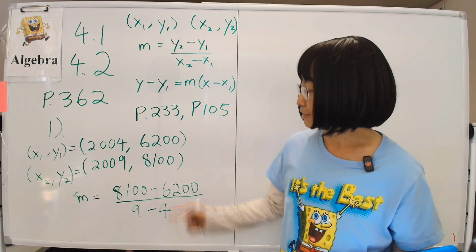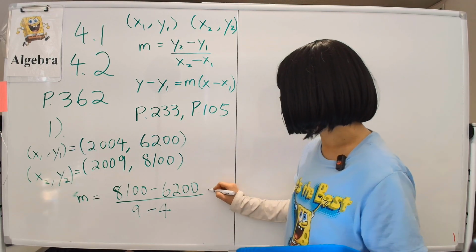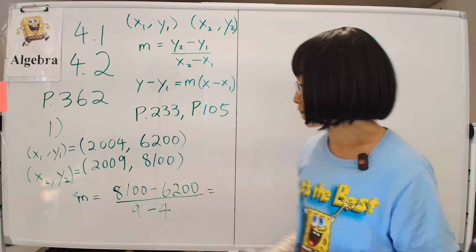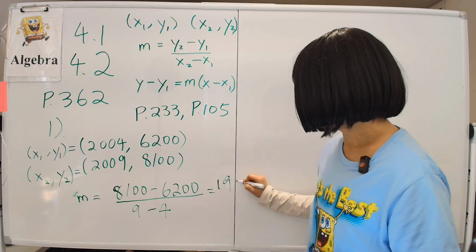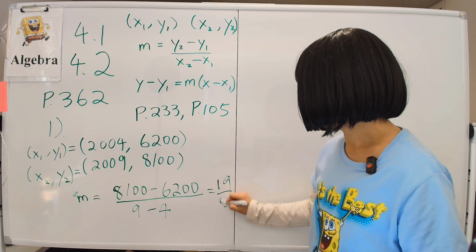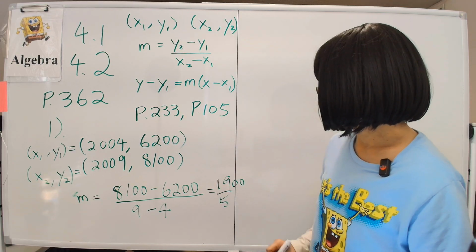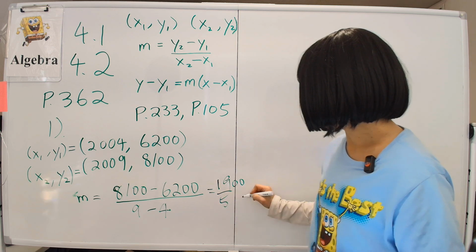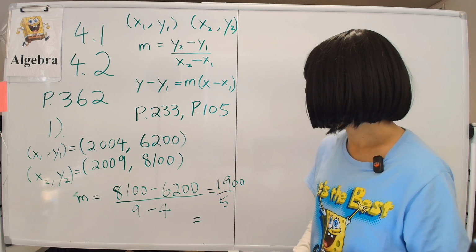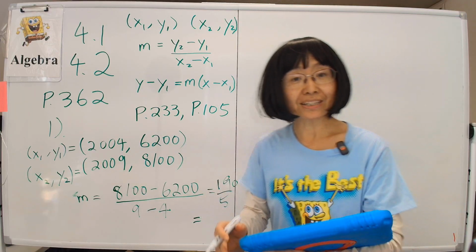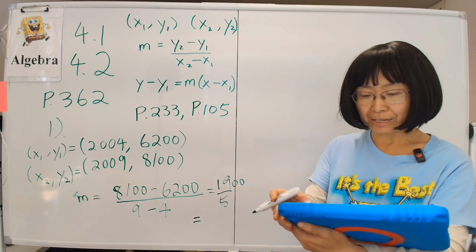That should be good now. So by the time you do some math, you realize this is 1900 divided by 5, and that would be equal to some number, which we'll figure out later. Anyway, that's our m.